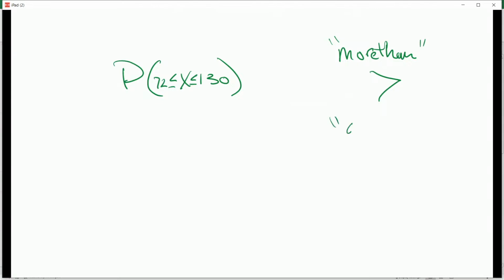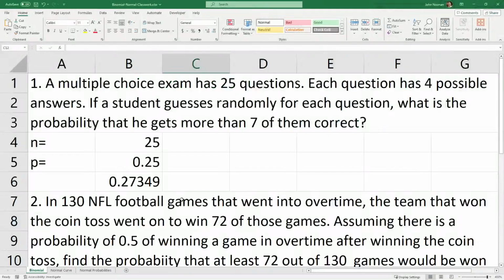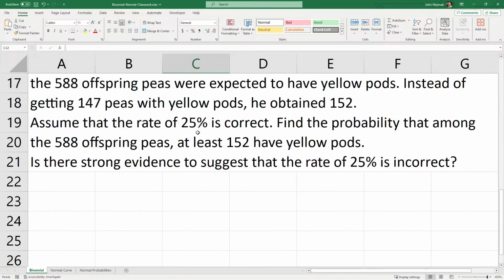And then at least meant something like this: X is greater than or equal to 10. More than 10 would be X is greater than 10. At least 10 would be X is greater than or equal to 10. Hopefully you know this lingo, but just in case, it'll be a lot more helpful if you remember it. That's the difference between these two.